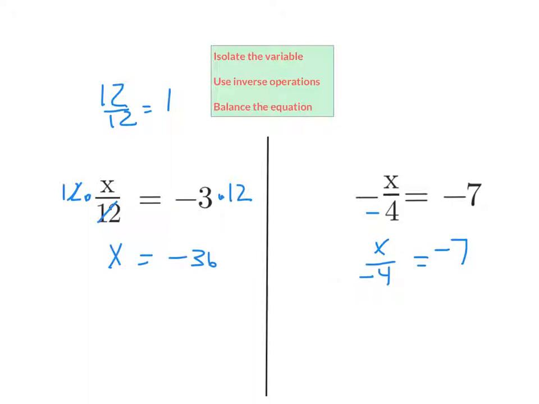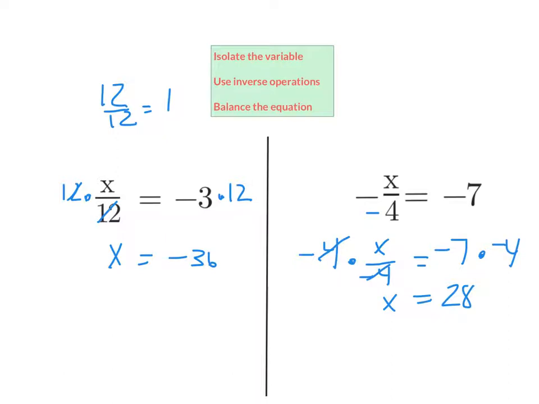We undo division with multiplication, so I'm going to write a multiplication sign on both sides, and I'm going to multiply both sides by what is in the denominator of my fraction, which is -4. My -4's will cancel out and leave me with the variable x. And -7 times -4 is a positive 28. So my solution is x = 28.